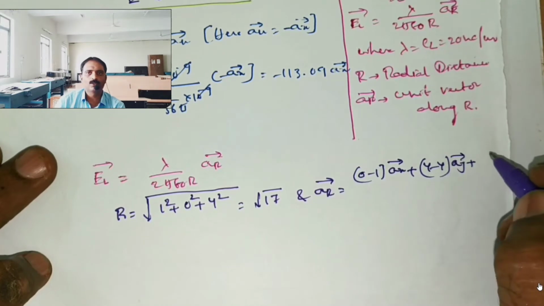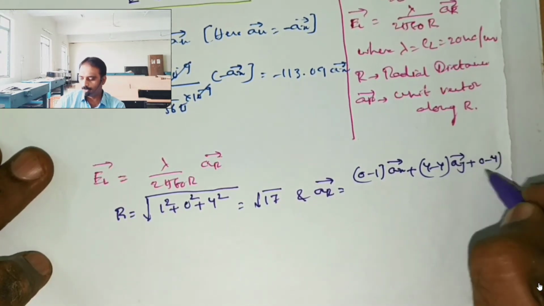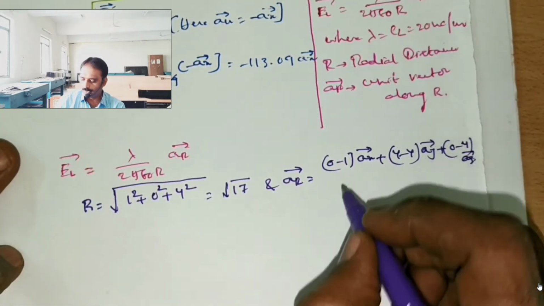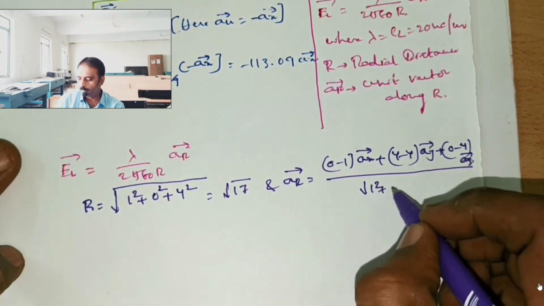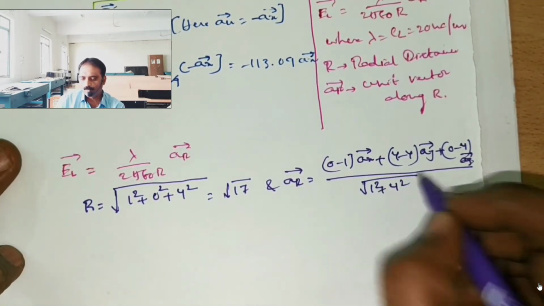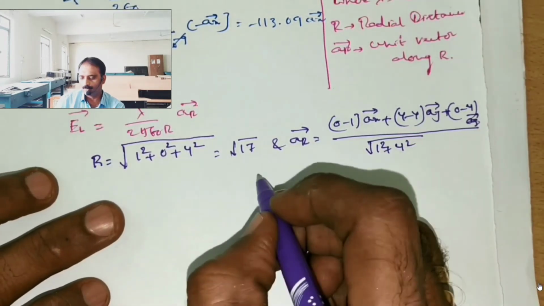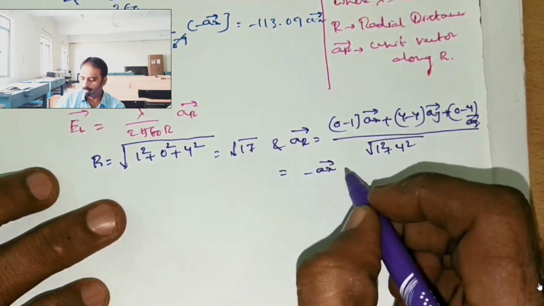So we know how to find out the unit vector along a particular direction. Divided by the square root of 1 square plus 4 square, and this gives rise to minus a_x bar minus 4 a_z bar divided by the square root of 17.